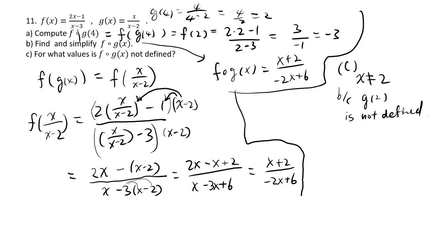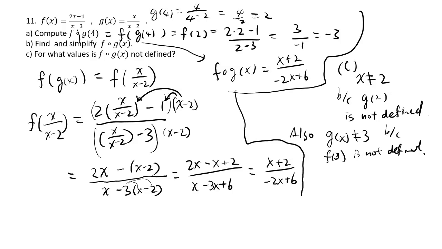But what if that value turns out to be 3? 3 is a no-go for f of x, right? So you need to make sure that g of x cannot be 3. Also, g of x cannot be 3 because f of 3 is not defined.